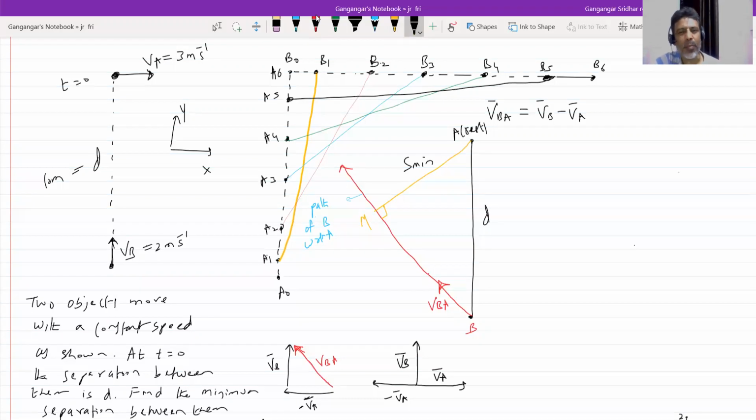How can you say it's the minimum? I think you know enough geometry. As B further starts moving, I'll draw one more line.